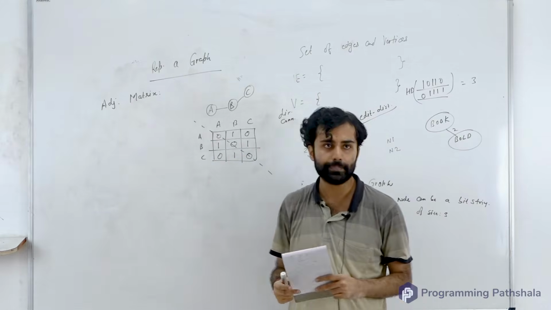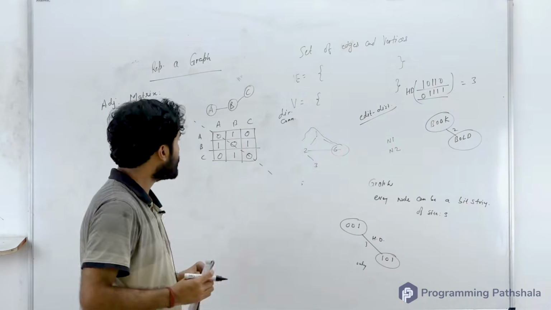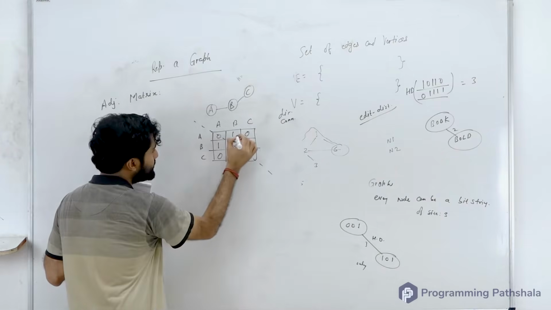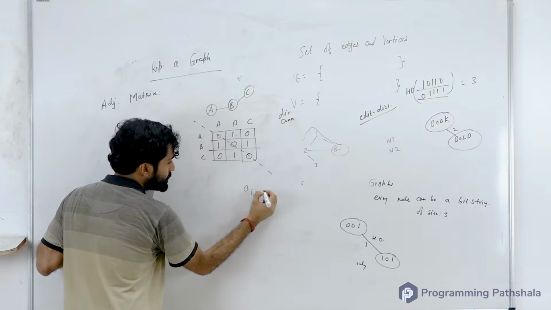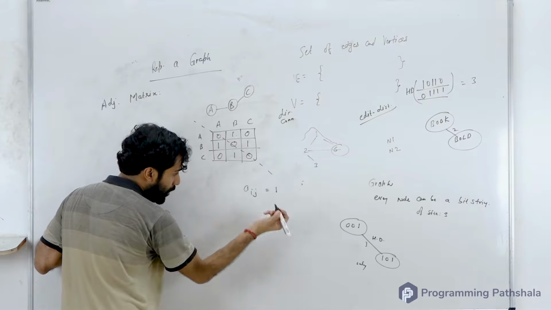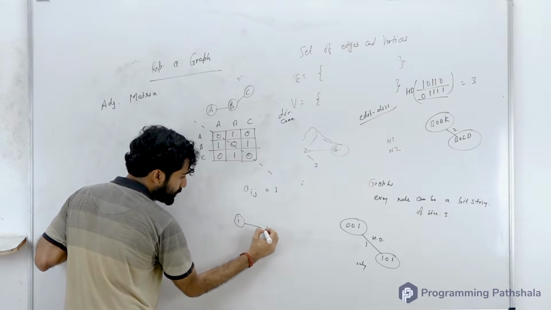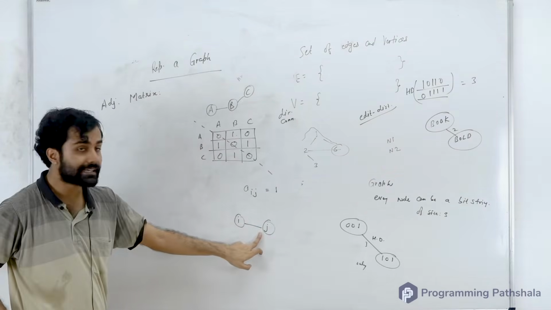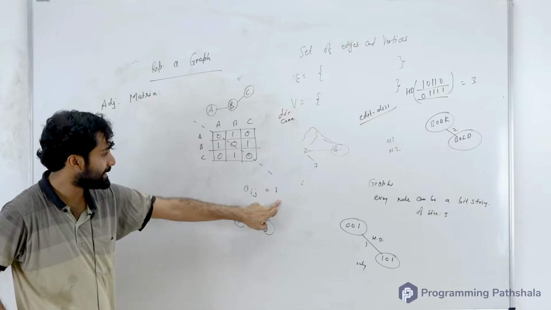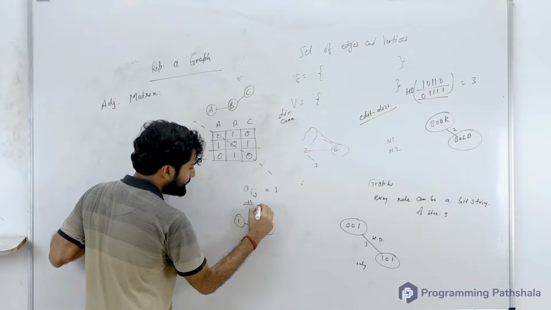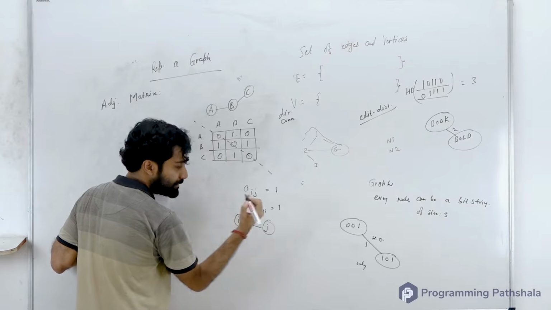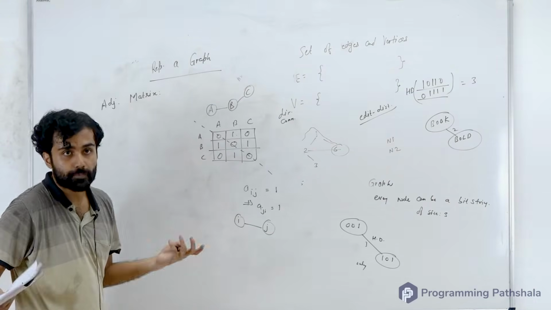And why is that happening? It's common sense. Let's say this is A of ij. So A of ij is 1 because i was connected to j. Now because connections are undirected, if A of ij is 1, then it implies that A of ji is also 1. So problem solved.